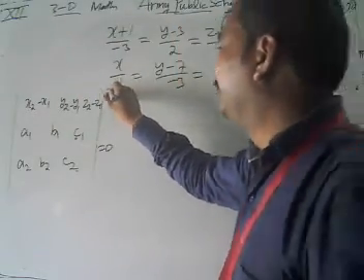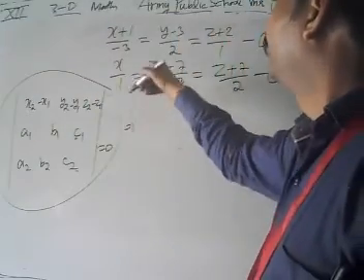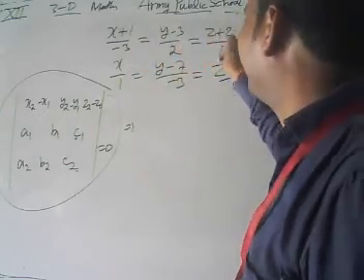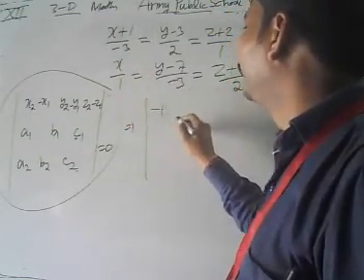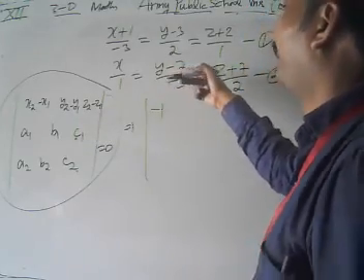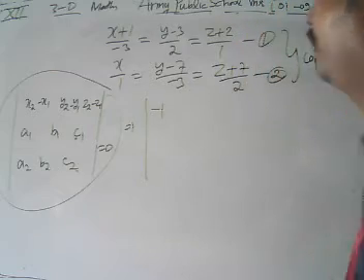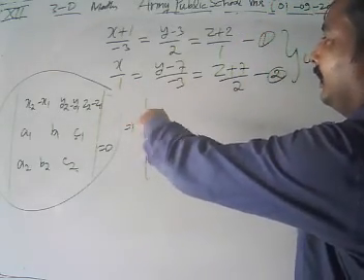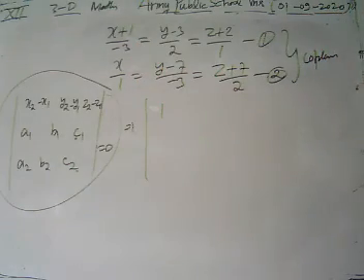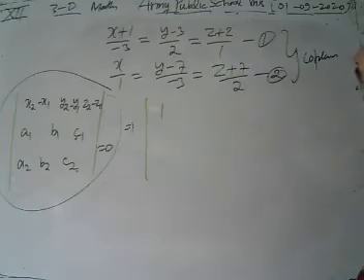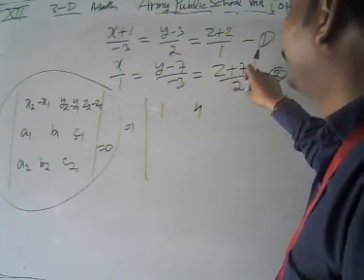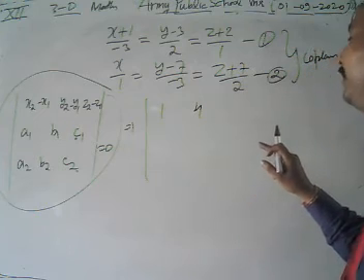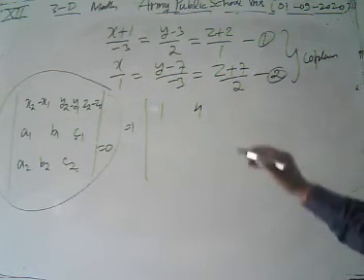This is our formula, and we are going to verify it. Here x2 minus x1 gives 1, and we have to mind the sign. Then y2 minus y1 is 7 minus 3, which is 4, and z2 minus z1 is minus 7 minus 2, which is minus 5.